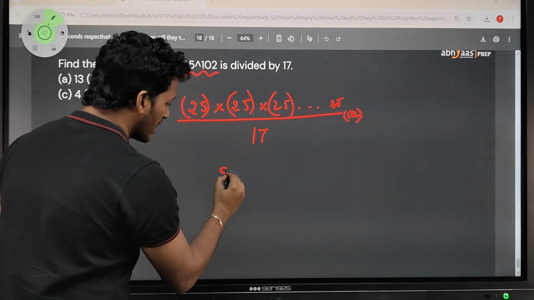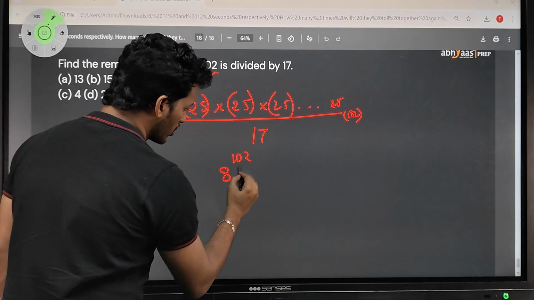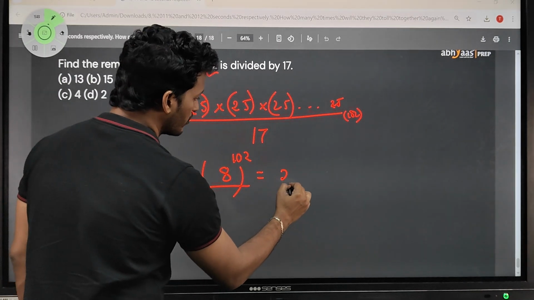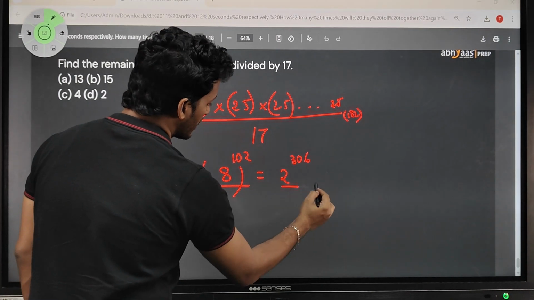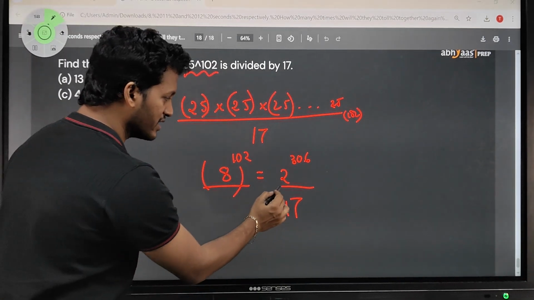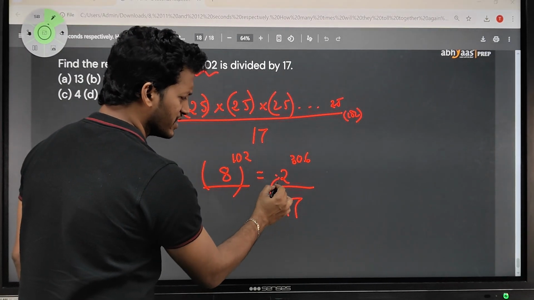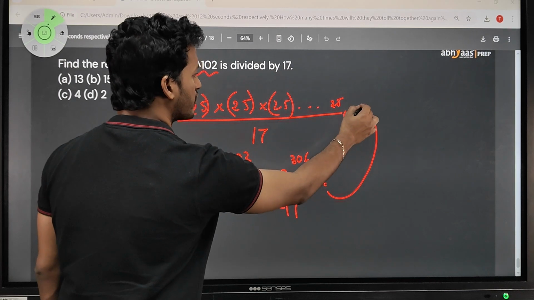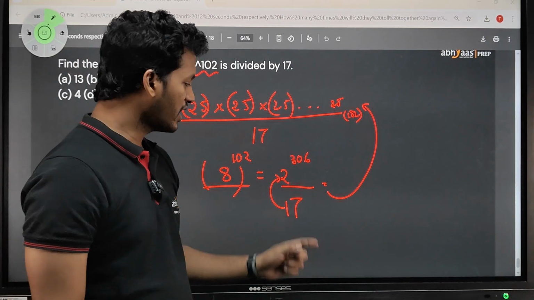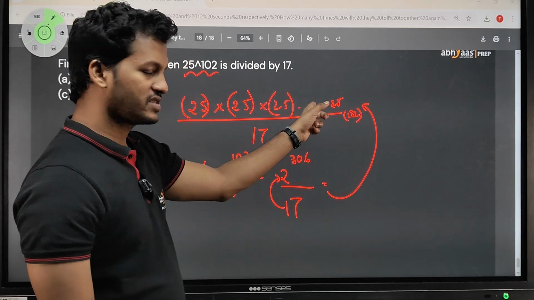That means the remainder is 8 power 102, or 2 power 306. And the remainder of this whole thing when divided by 17 is nothing but the remainder of 25 power 102 divided by 17. The remainder is the same as that.